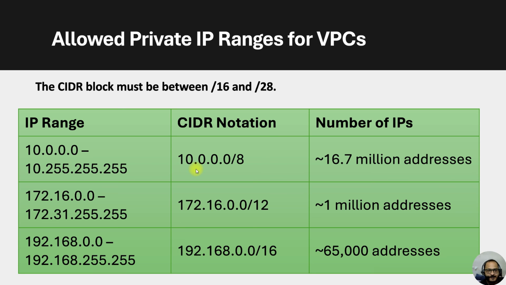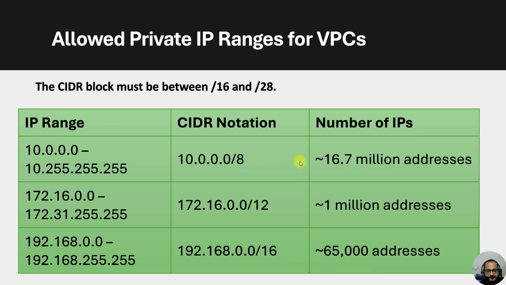Then you have to define a CIDR notation. CIDR stands for classless inter-domain routing. So again you can see these notations, /8. Don't think about the calculation, we will see it in upcoming videos. Just understand that CIDR notation tells us how many IP addresses we will get for this particular range.